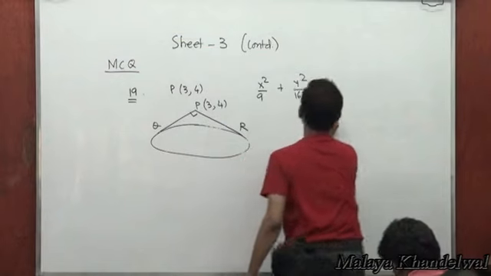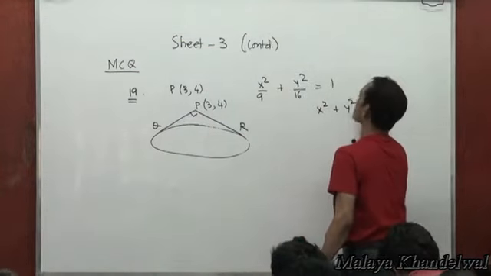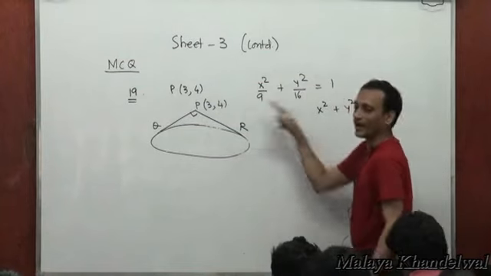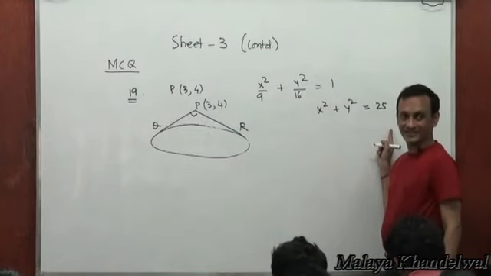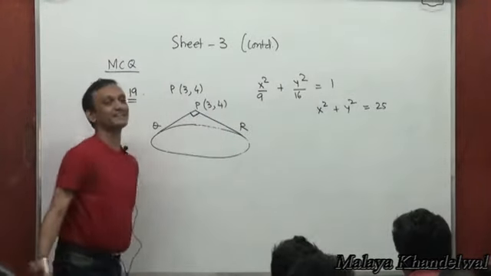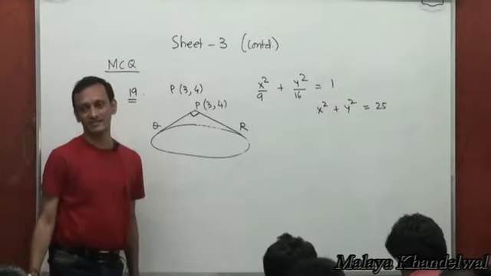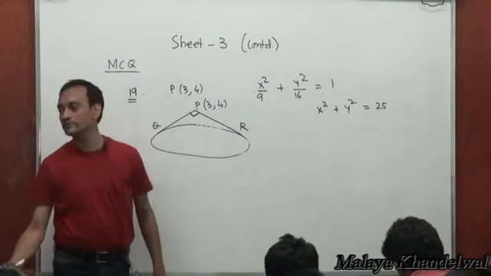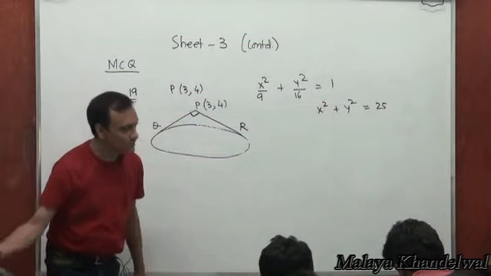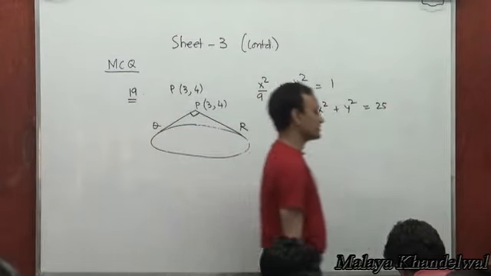Realize what's the director circle of this? x squared plus y squared is 9 plus 16, 25. Does (3, 4) lie on the director circle? Yes. If (3, 4) lies on the director circle, this angle must be 90 degrees. Yes or no? Because (3, 4) is a point on the director circle. So 90 degrees.